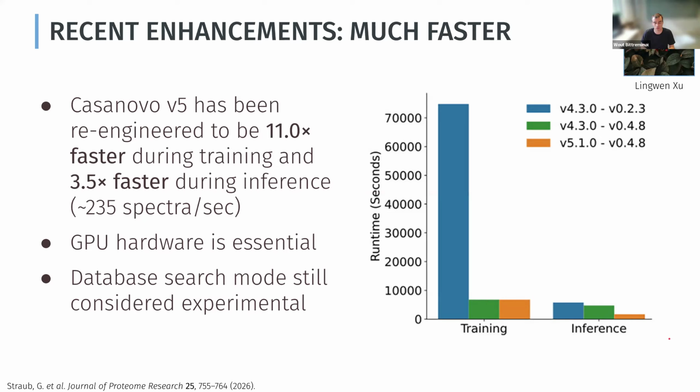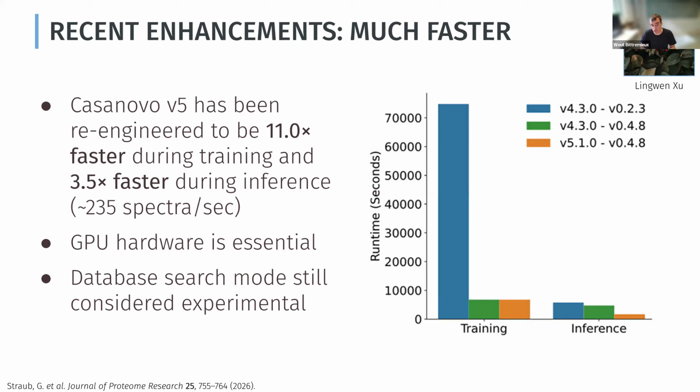So making it a lot more efficient. That said, you'll still want to use a GPU to run it on real data sets. If you run it on CPU only, it's still quite slow.